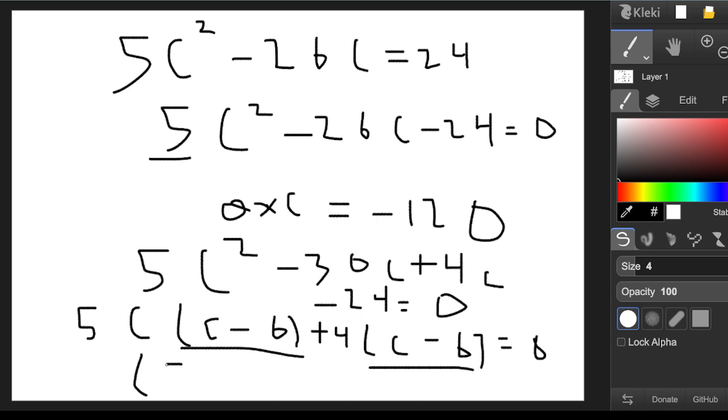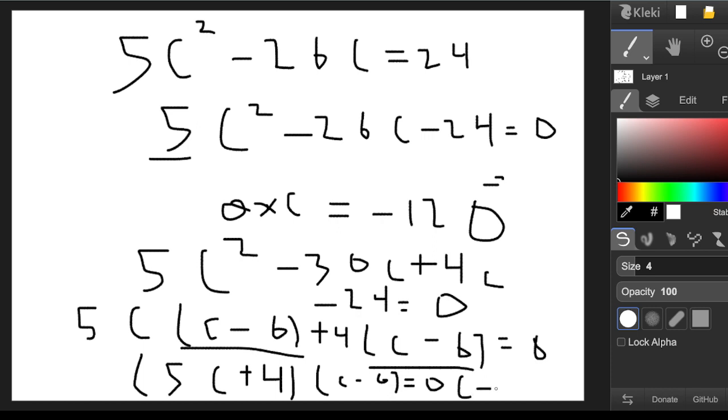Then we can group the outside also. We can get 5c plus 4 times c minus 6 equals 0. Alright, my solution's over here.